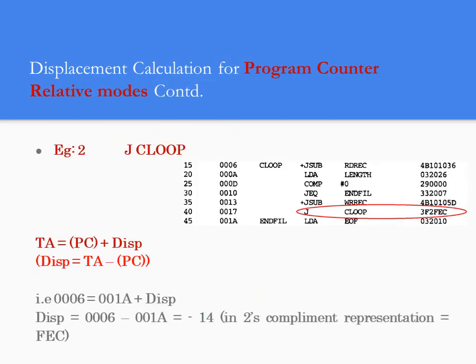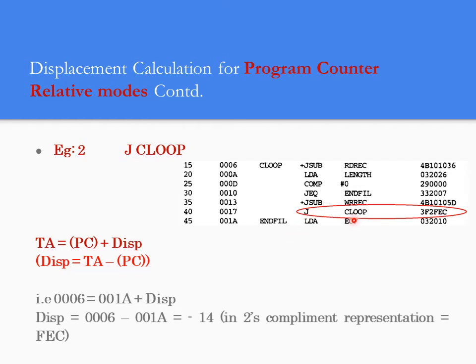So now let us look at another example where again this PC relative addressing mode is used, for the instruction JC loop. So the same steps we'll do. We know that the target address is calculated as the contents of program counter plus displacement, where displacement becomes the target address minus the contents of PC.